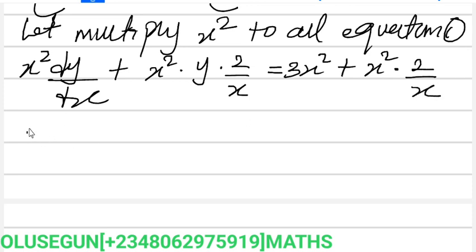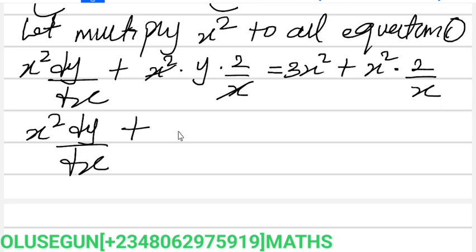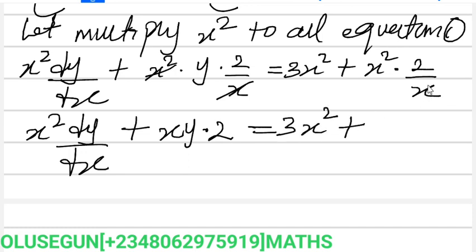So we have x squared dy/dx; the x will cancel this, it will remain x. So plus 2xy is equal to 3x squared plus, by the time we multiply, this will cancel this, we have 2x.